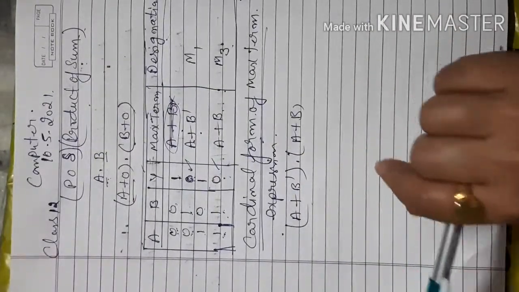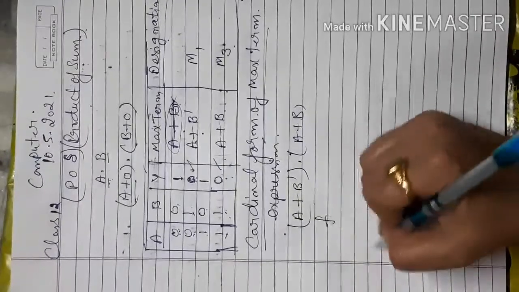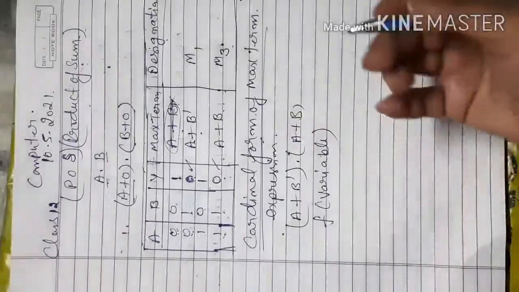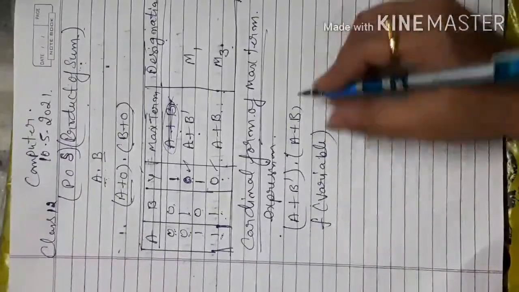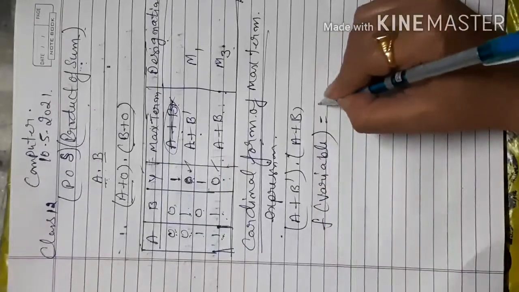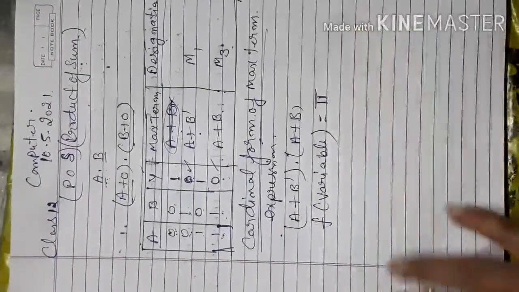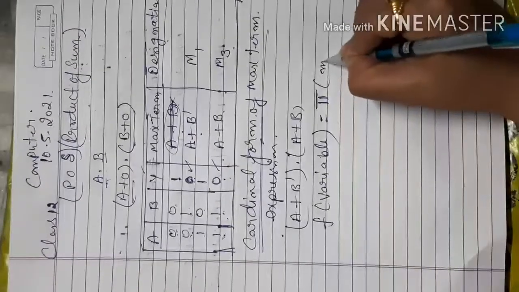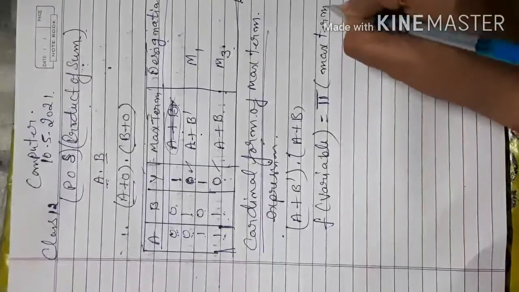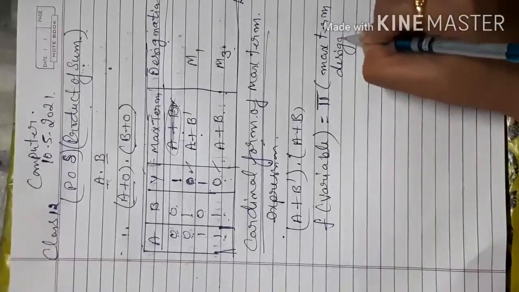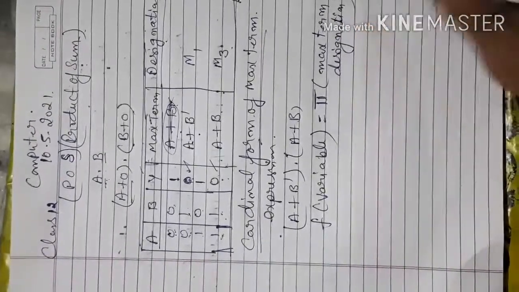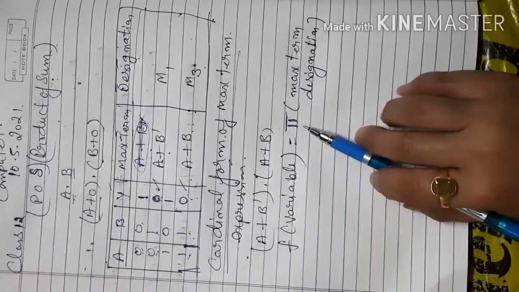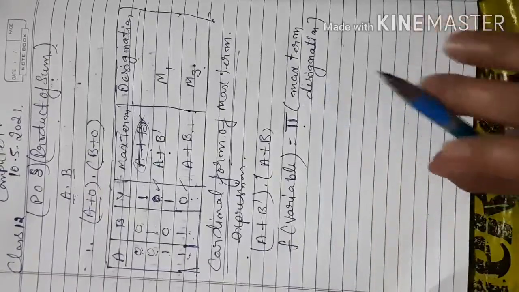write the canonical form. Canonical form means applying it with the function. This is the syntax, and this is the variables: the variables you are using means the inputs you are using in your table. This pi sign represents that you are going to find the max term designation. In sum of product you write the summation sign and the min term designation.